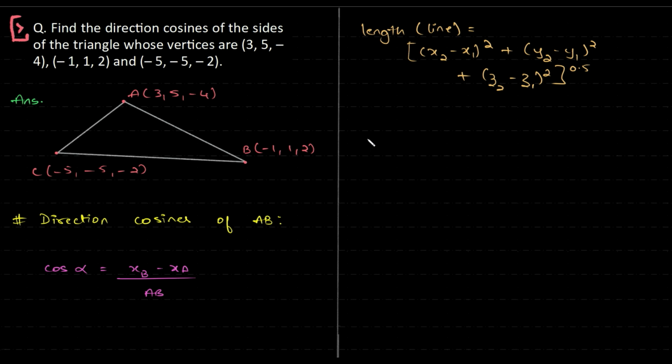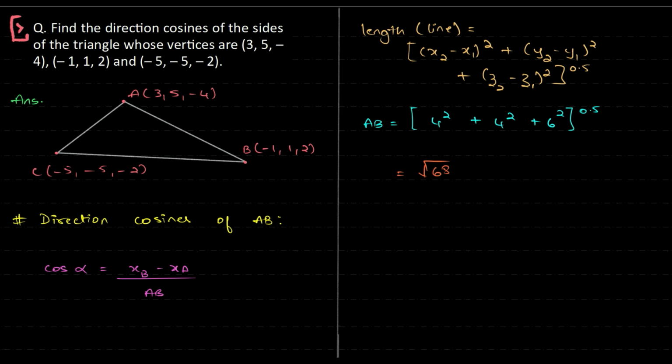Now AB would be equal to, again the order will not matter, (4^2 + 4^2 + 6^2)^(1/2). This is a practice question, to be honest. 16 + 16 is 32, plus 36 is 68.